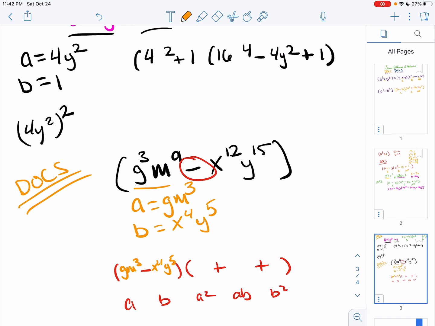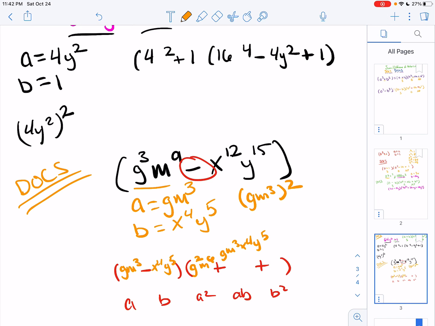Now I have A squared, which is g m to the third, squared. So that's g squared m to the sixth. Remember, when we have a power raised to a power, we multiply. Now I have A times B, so this is a little bit ugly. So this is g m cubed times x to the fourth, y to the fifth.